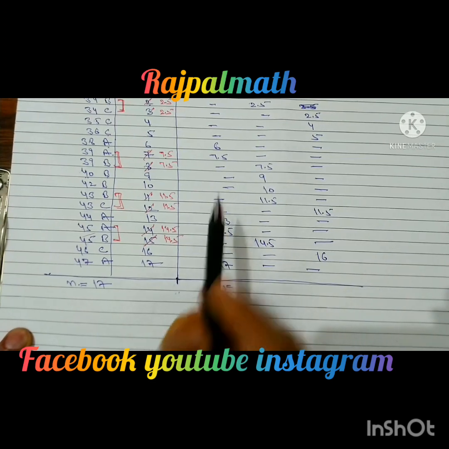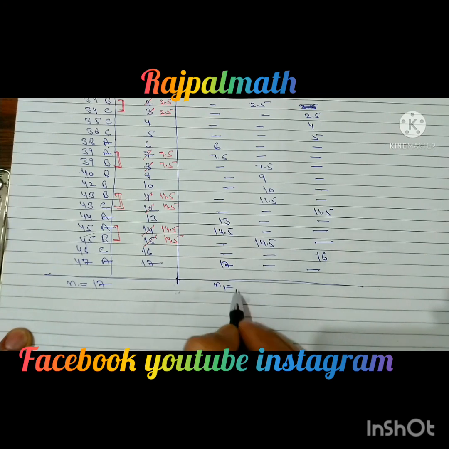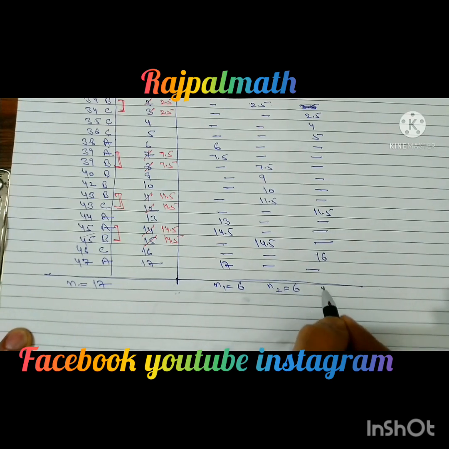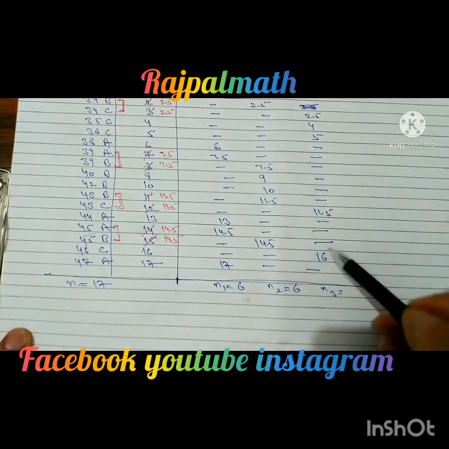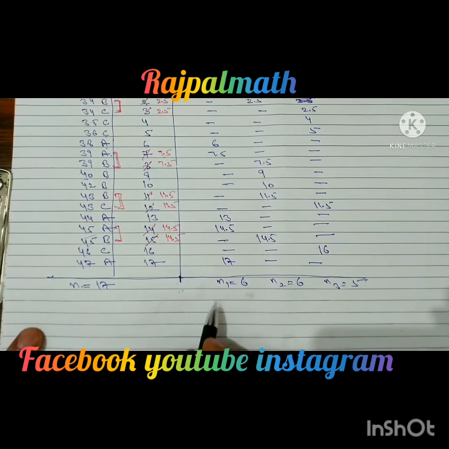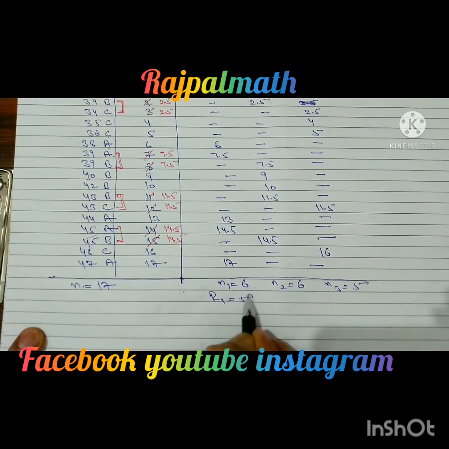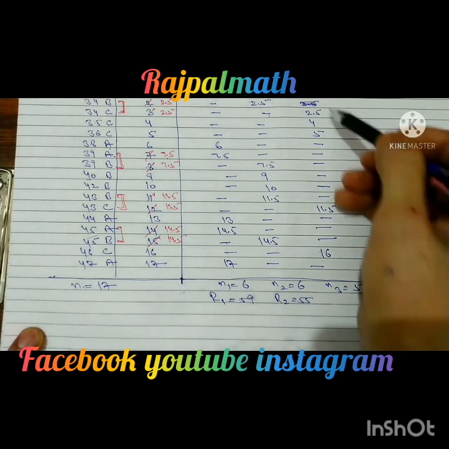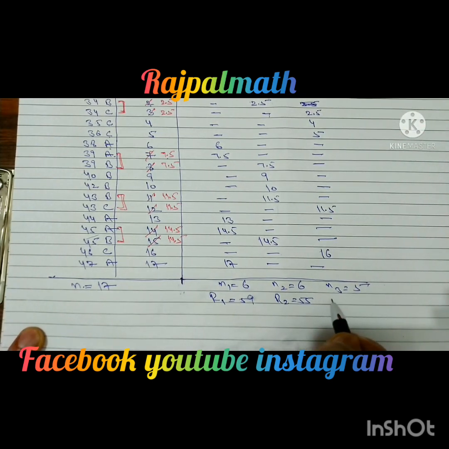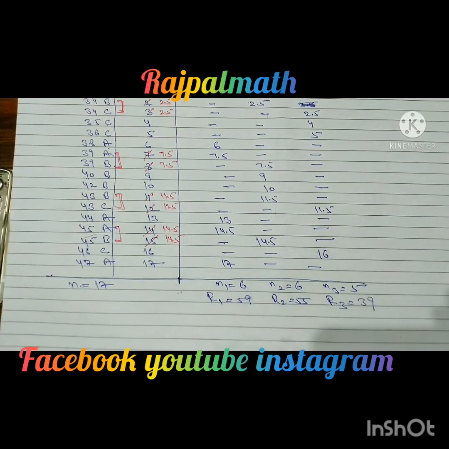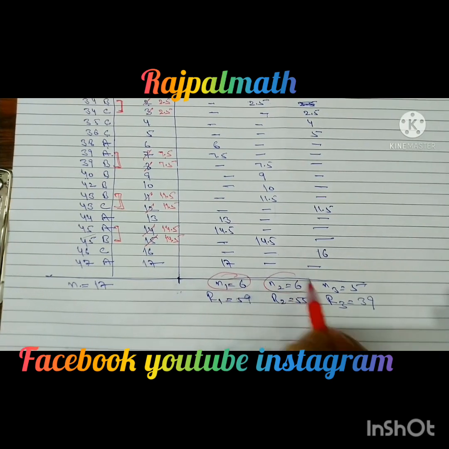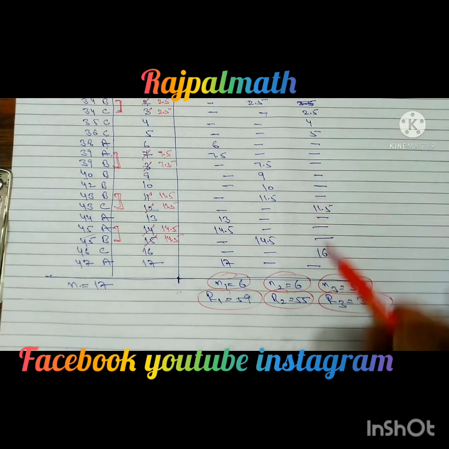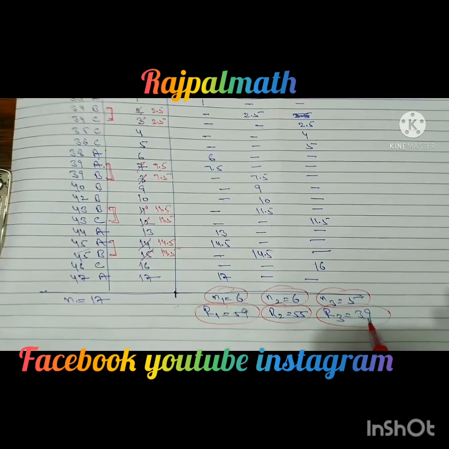N1 equals 6, N2 equals 6 and N3 equals 5. The sum of ranks R1 is 59, the sum of ranks R2 is 55, and the sum of ranks R3 is 39.